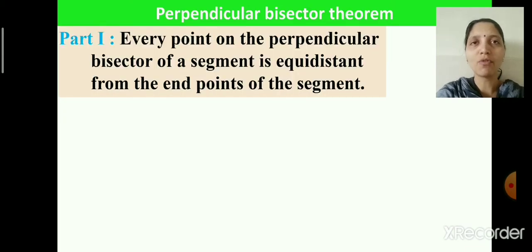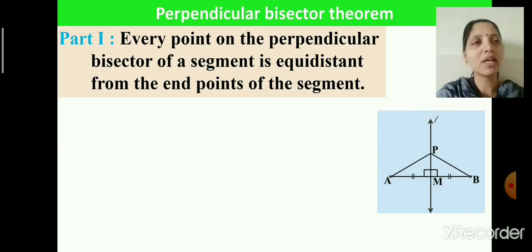So, the statement for part 1 is every point on the perpendicular bisector of a segment is equidistant from the end points of the segment. So, here I have drawn segment AB, and if I draw a line L which is the perpendicular bisector of segment AB, this line L divides segment AB into two equal parts.